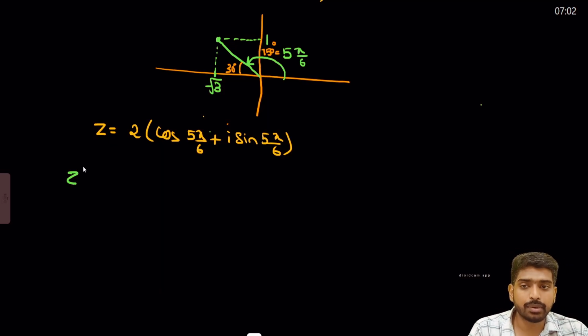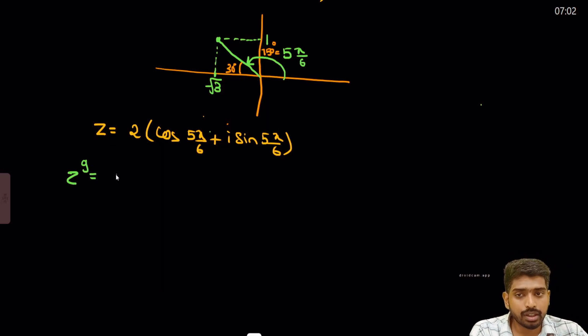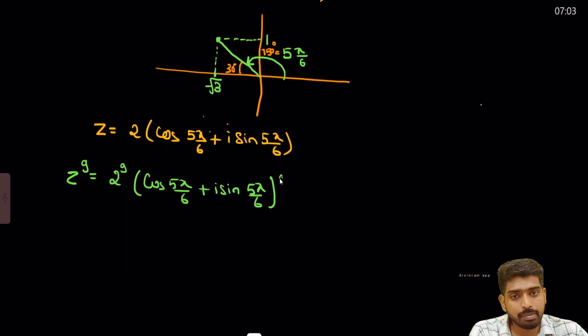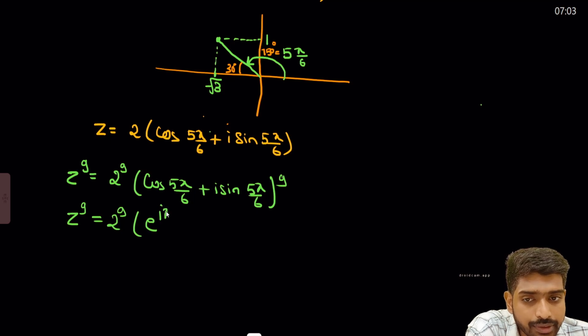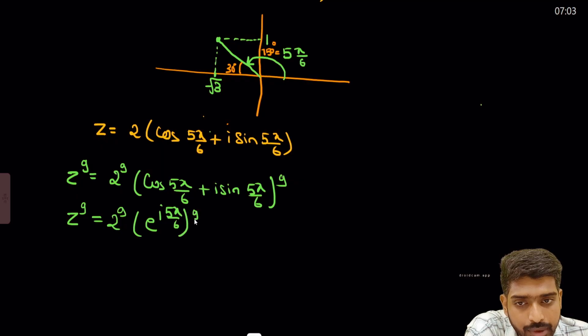So z to the power 9 we will get 2 to the power 9, and here cos 5 pi by 6 plus iota sine 5 pi by 6 to the power 9, or directly we can write this in Euler's form. So z to the power 9 is nothing but 2 power 9, and here this one I can write as e to the power iota 5 pi by 6, to the power 9.